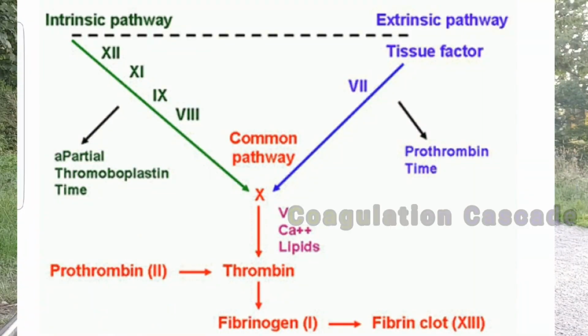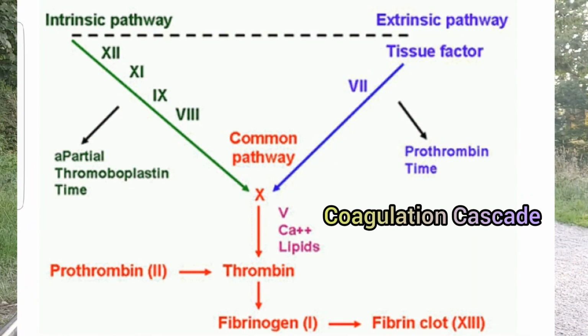It is a very complex chain reaction in which one clotting factor activates the next clotting factor in a series of step-by-step pathways. When it comes to coagulation, we have two basic activation pathways. The number one is the extrinsic pathway and the other is the intrinsic pathway. But we don't forget the common pathway. The extrinsic pathway begins with the blood clotting factors exposed to tissue factors right in the extravascular tissue.